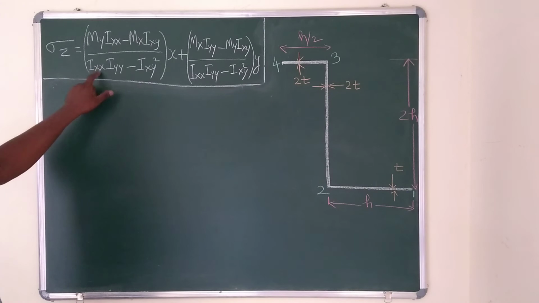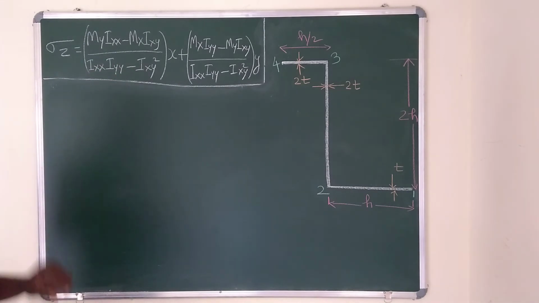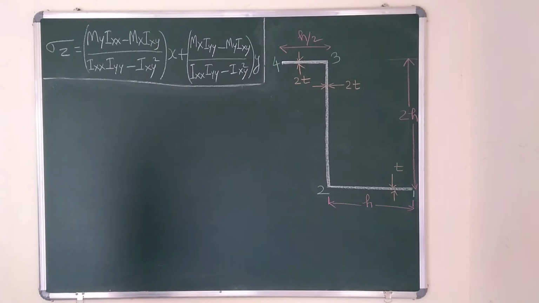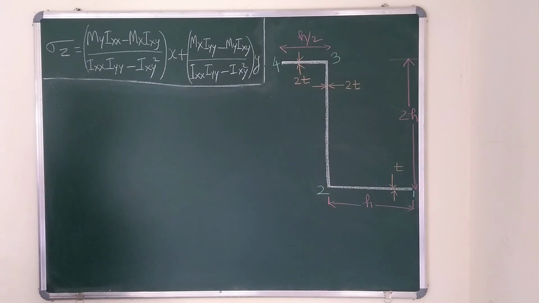Now we have to find Ixx, Iyy, Ixy by locating the centroid. As I told you in the previous classes, we have to divide the given section into sections 1, 2, 3 to find x1, y1, something like that. So let us divide the given Z section into individual sections.